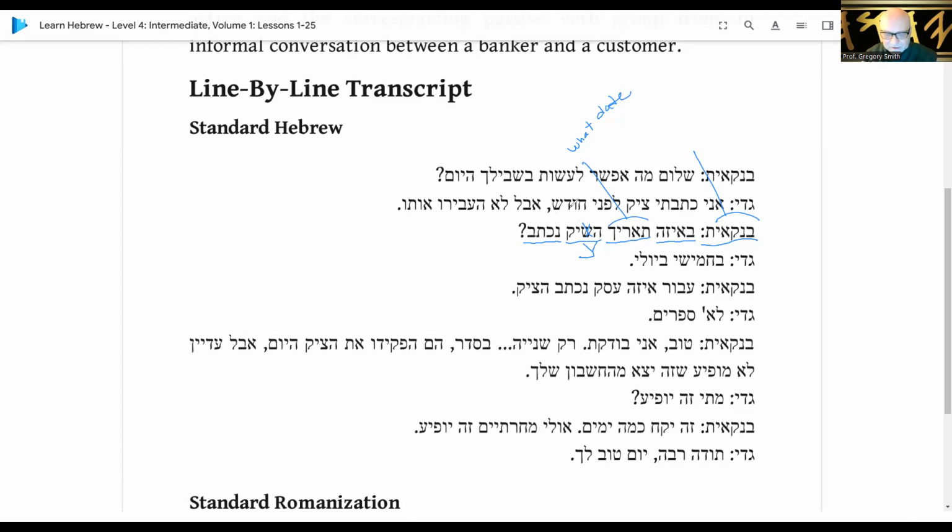That's what makes more sense. Ba'eze Tariq Hacheck niktav. Okay, so on what date? So we've got the date here is the check. See, they made a mistake, put a sheen there. There should have been a zadi there. That's a printing error. Niktab, written on. Okay, so this is the banker asking, what date was the check written on?